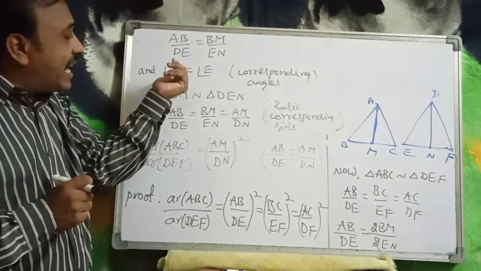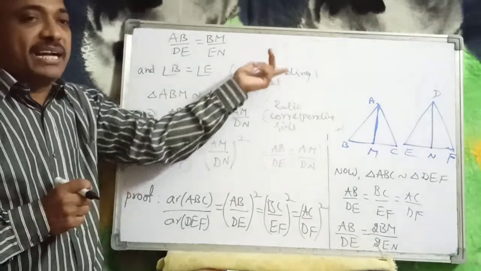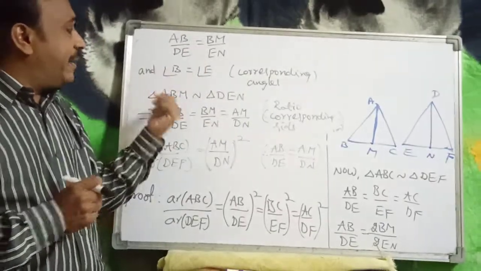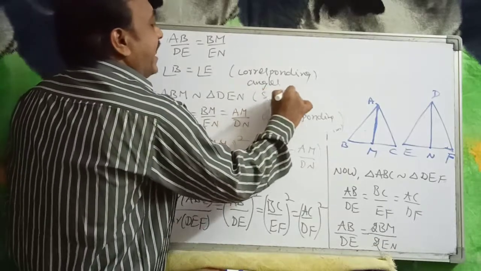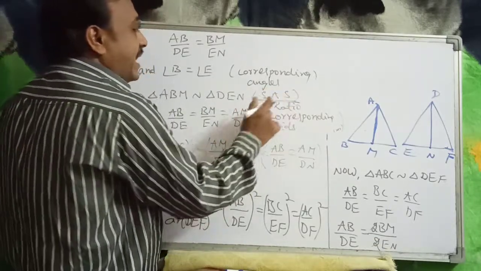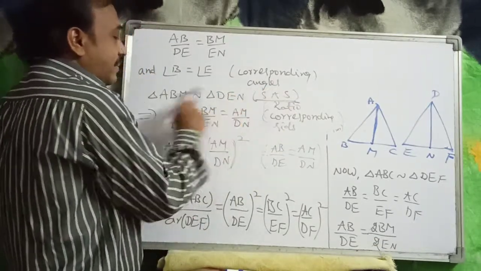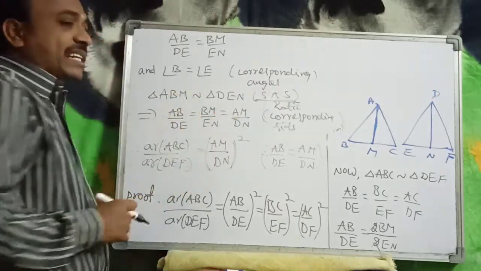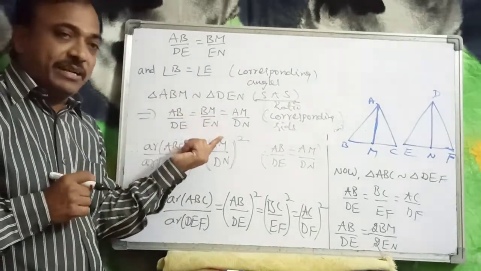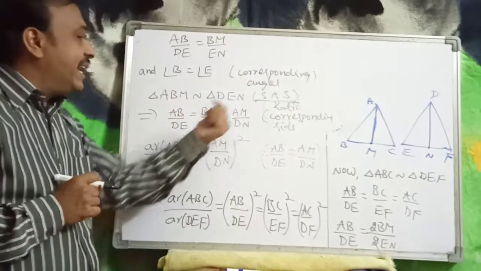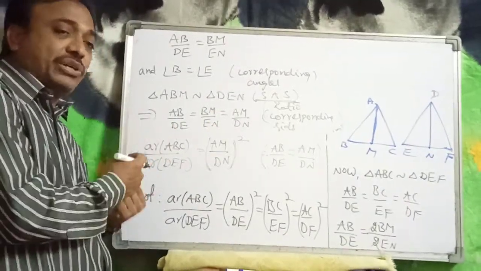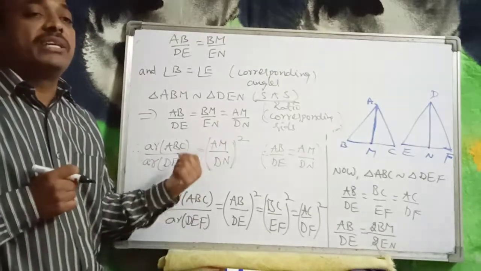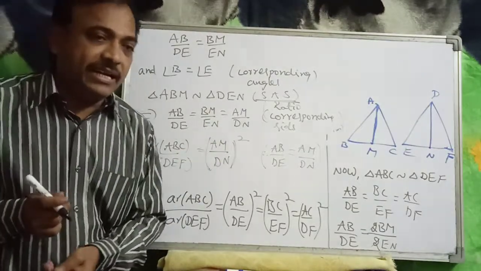Then we prove angle B is equal to angle E, corresponding angles of similar triangles. Which similarity is this? SAS. By SAS similarity, the two triangles ABM and DEN are similar. Once the triangles are similar, their corresponding sides are in proportion. Then we write AM by DN whole square. The ratio of areas of two similar triangles is equal to the square of the ratio of corresponding medians.